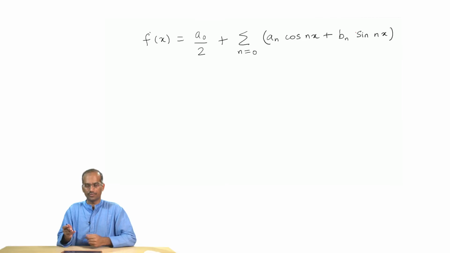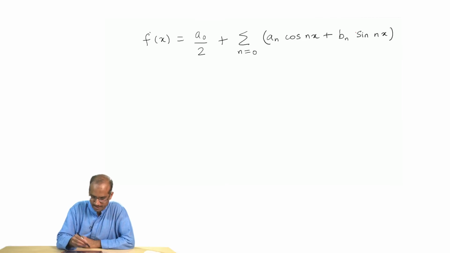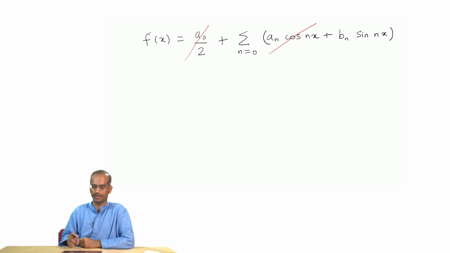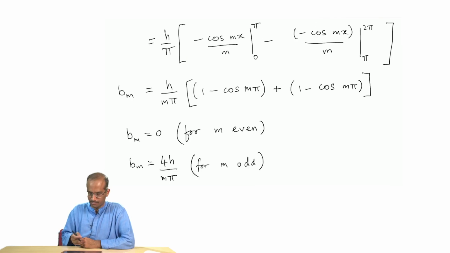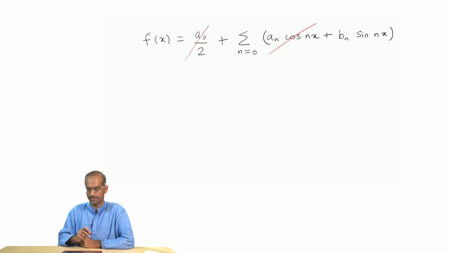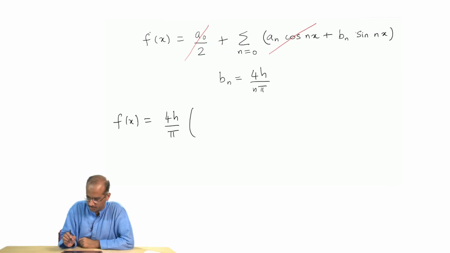So, this was the Fourier series expansion that we initially wrote down, and now we know that A0 is 0. So, this term will not exist, and we also know that all An are 0, this term also will not exist, and from what we just did, we also know that Bm survive only if m is an odd integer. So, the first surviving term will be n equal to 1.